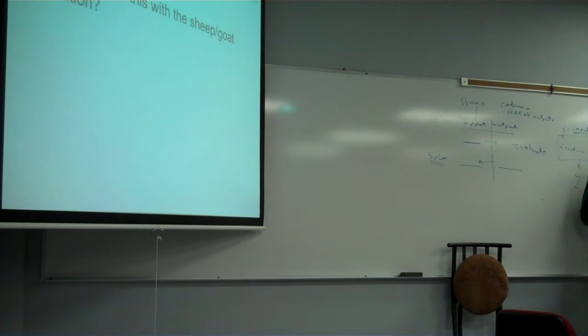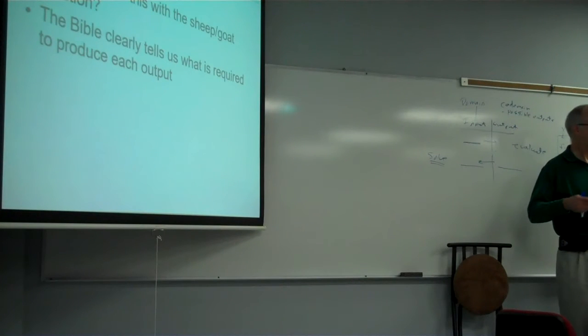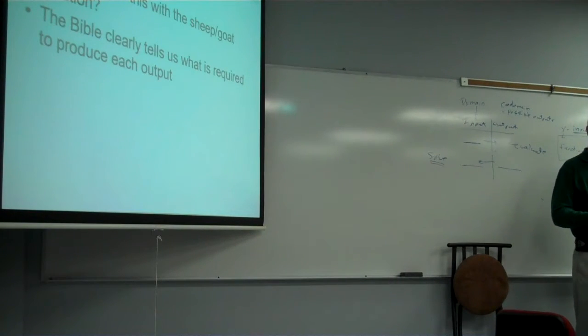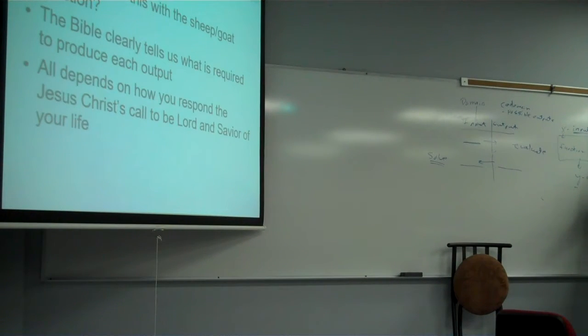Even more importantly for the sheep-goat function, I think the Bible clearly tells us what's required. To be a sheep, accept Christ as Savior, and be obedient to His commands. To be a goat, reject Christ as Savior. Fail to accept Him. So it's very important what we are going to do with Jesus Christ, called to be Lord and Savior of your life, in determining that.